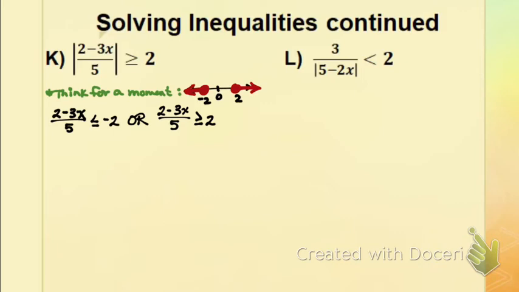So we're going to have to solve the 2 of these together. Since we've got that gap in the middle, we're going to end up with a solution set that has a union. We're going to write 2 distinct intervals with a union between them, telling me that there's space in the middle that's not shaded. So I'm going to multiply both sides by 5.